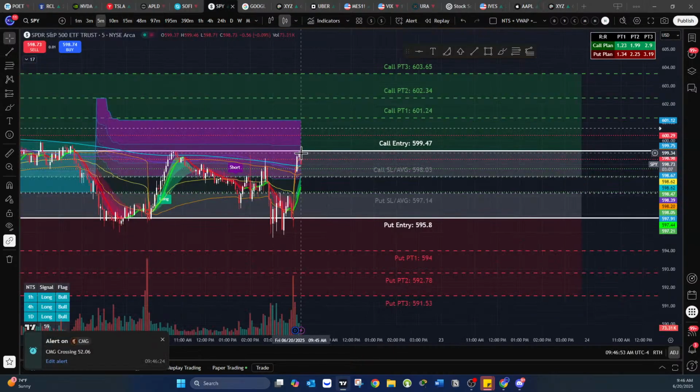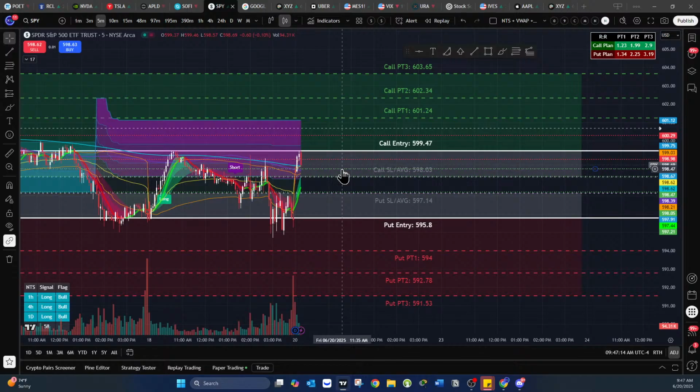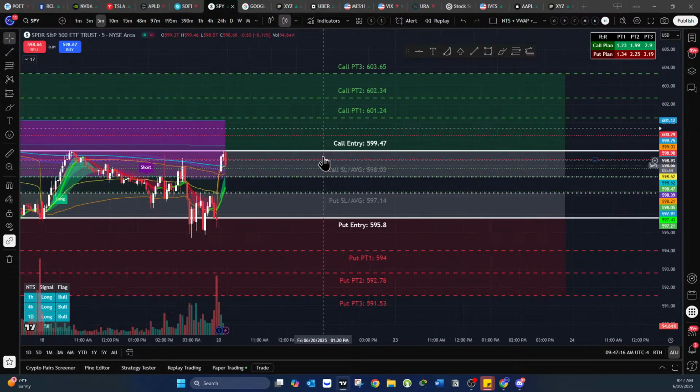All right, so far we rejected a breakout. 599.29 was the top here so far, or was it 599.46? Oh my god. Just missed the call entry. That's crazy. Rejected it hard so far. And that's why we wait for confirmed breaks.